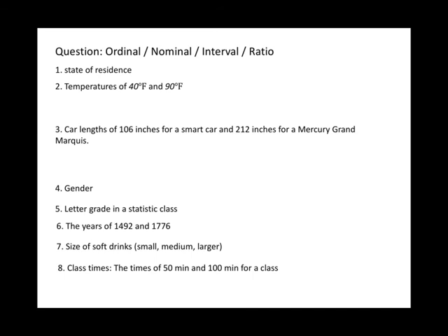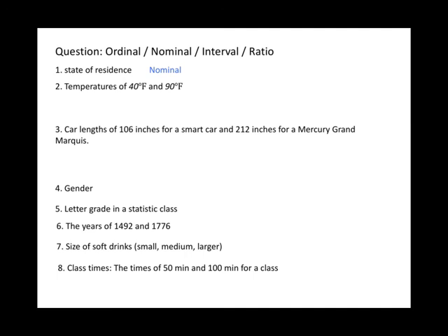Okay, number 1, state of residence. So you have California, New York, Florida. Okay, these are names or labels, but they don't have a natural ordering. So this is going to be nominal. Number 2, the temperature. So this one should be ratio or interval.